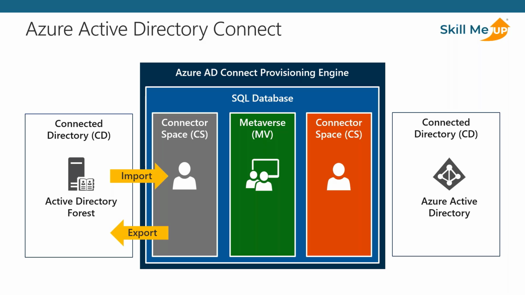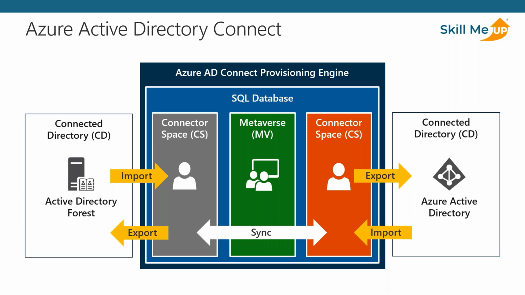Then from the second side, it can also export information from one side to another if we define that. In between all of those is a sync process that runs inside the engine itself. Then we have the export from the second connector space to Azure Active Directory, and we also have the import. So the process is threefold.